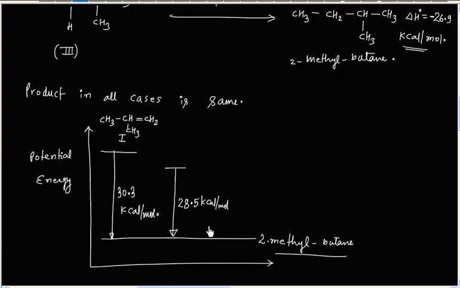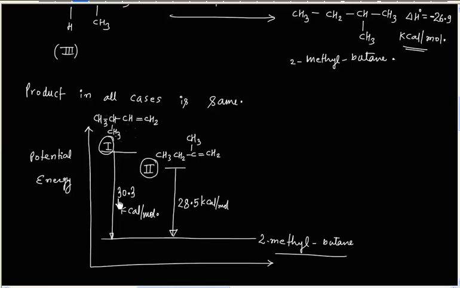So we have 2-methyl 1-butene here, CH3CH2, CH3, CH2. Now in this case basically we have to add one more carbon, that is CH3, CH, CH3. So this is first alkene and this is second alkene.